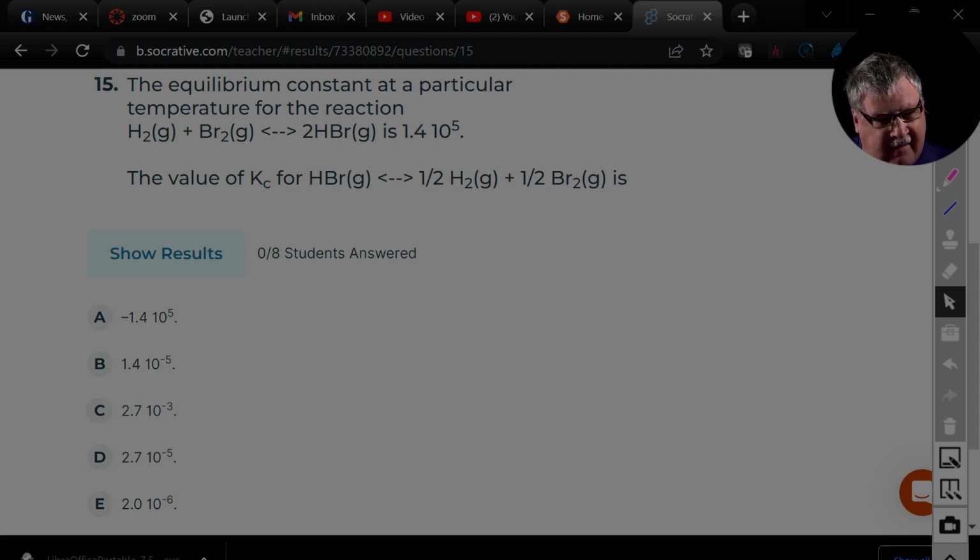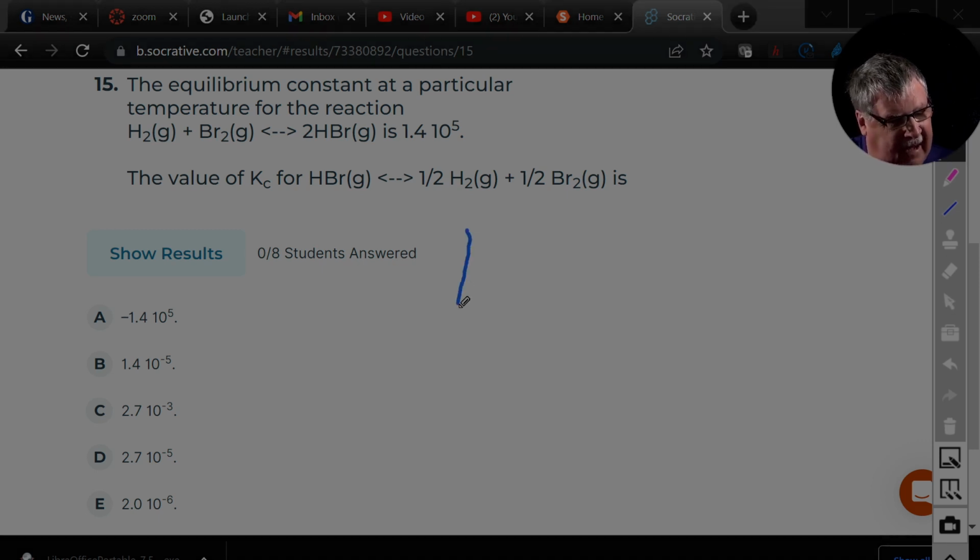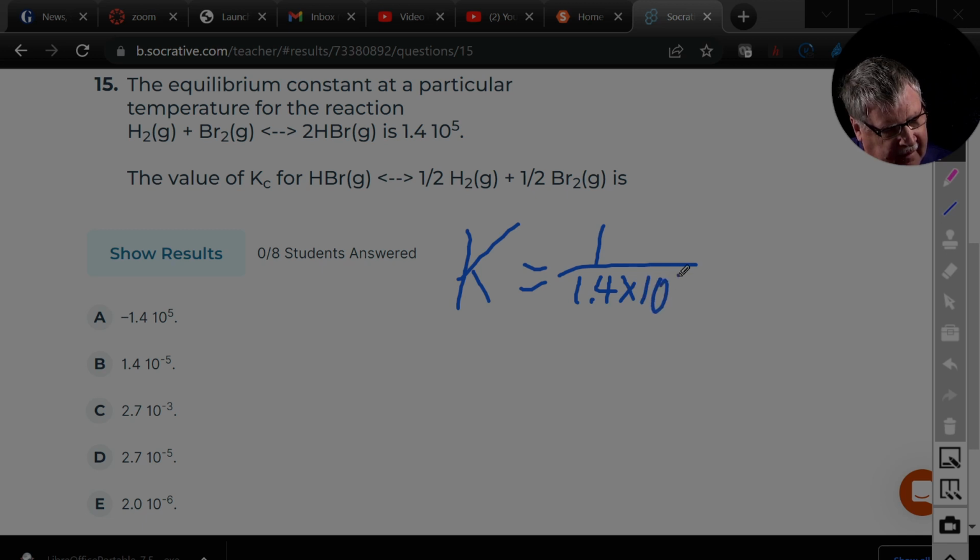What we say is this. If we're going to flip a reaction, that means we're going to take 1 over 1.4 times 10 to the 5th. Okay? If we have the coefficients, what do we do?